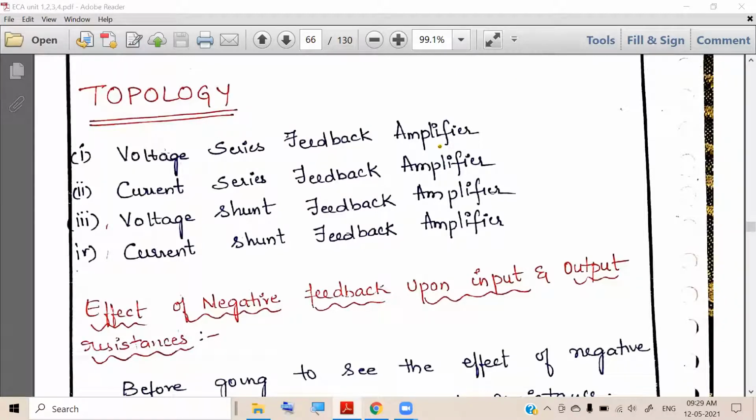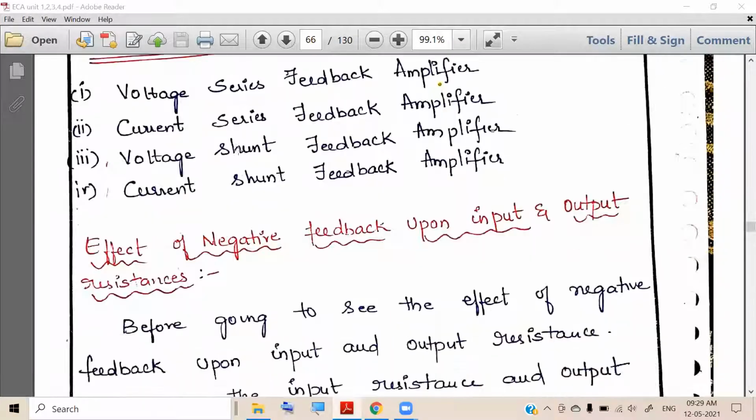So the connection that we have at the output is represented by the first word. The second word represents the type of mixing that we give at the input side as a result of feedback.